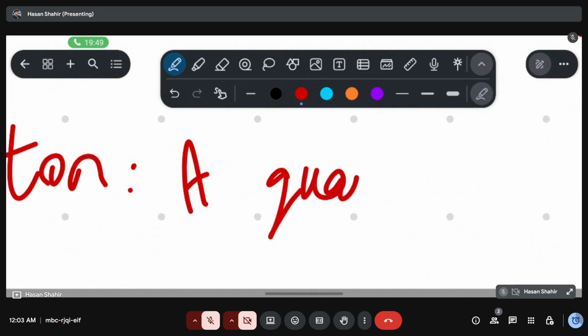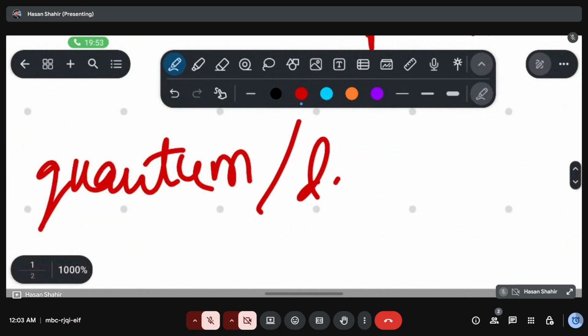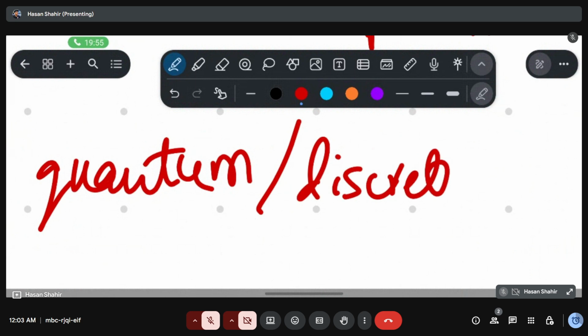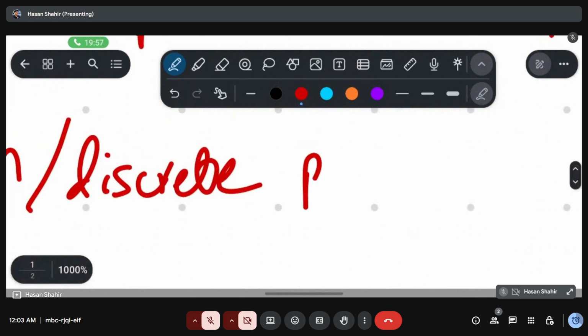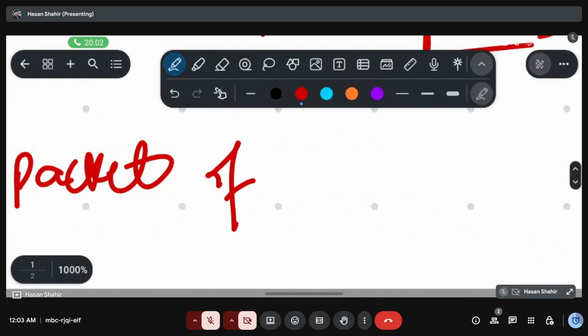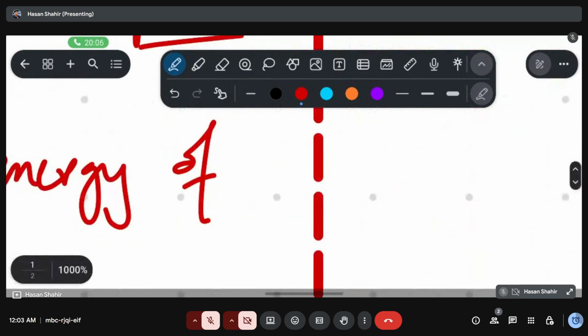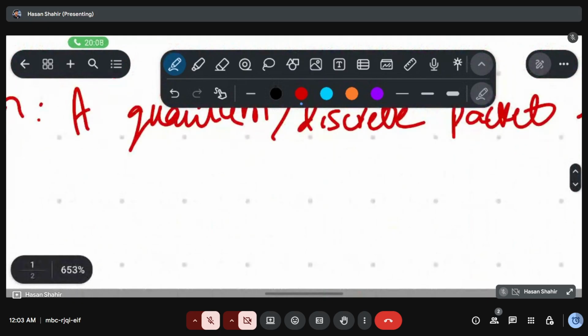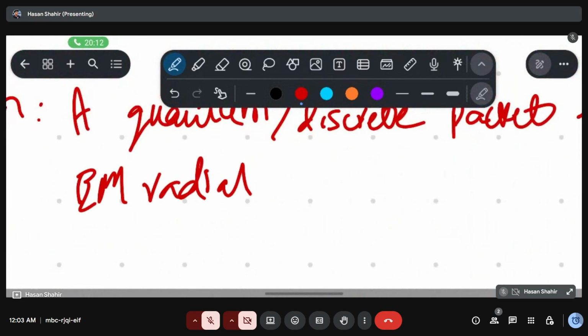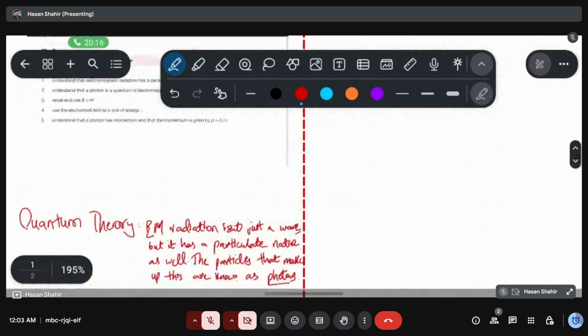Quantum or discrete of energy of. All right, so this is a photon.